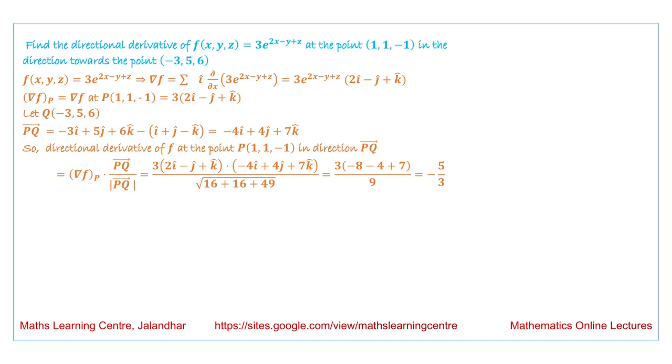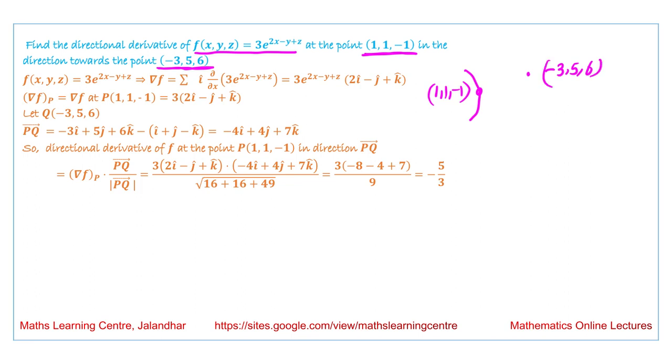Next is to find the directional derivative of this function at the point (1, 1, minus 1) in the direction towards (minus 3, 5, 6). Directional derivative means we have some surface here. This is the given point (1, 1, minus 1), and there is another point (minus 3, 5, 6).